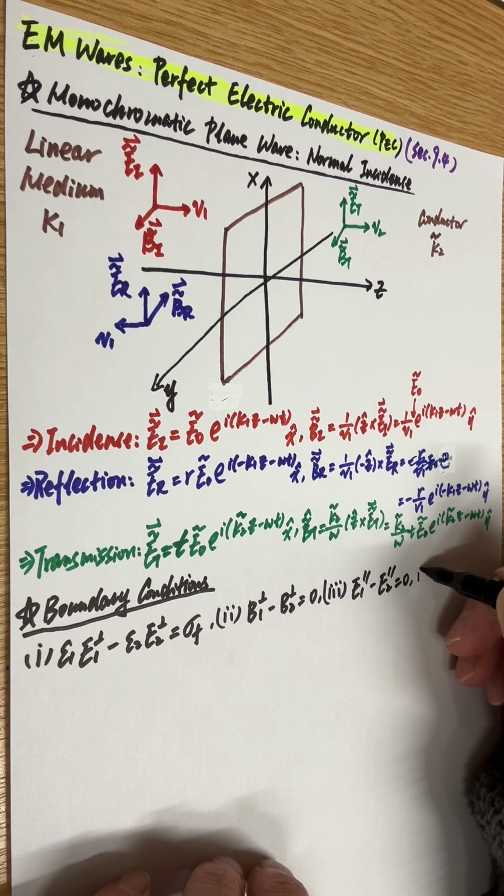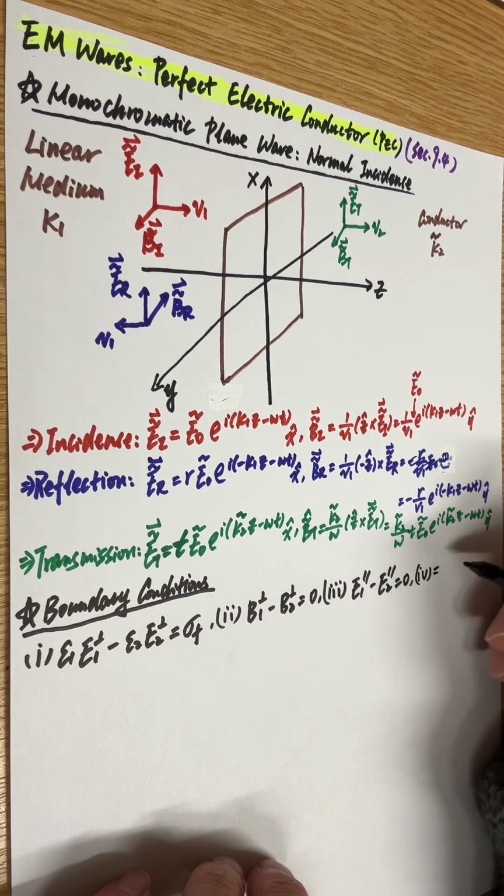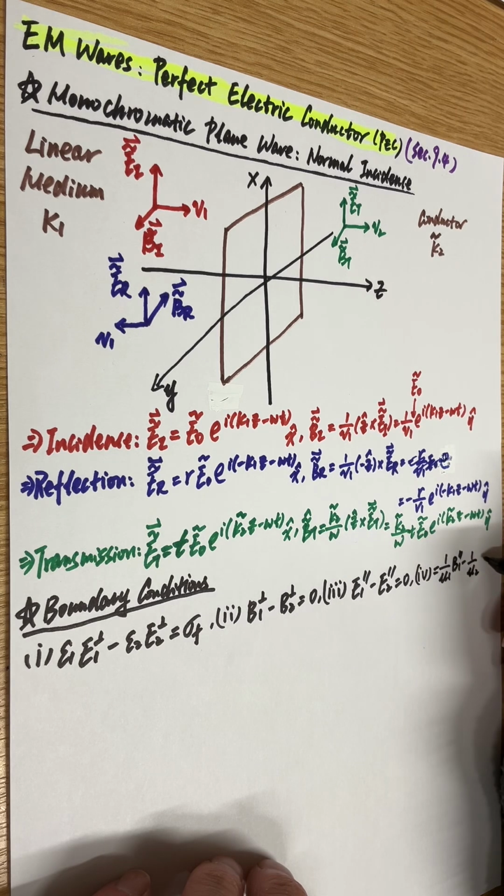And then finally, we have 1 divided by mu1 B1 parallel component minus 1 divided by mu2 B2 parallel component. This equals the free current density cross the normal direction to the surface.